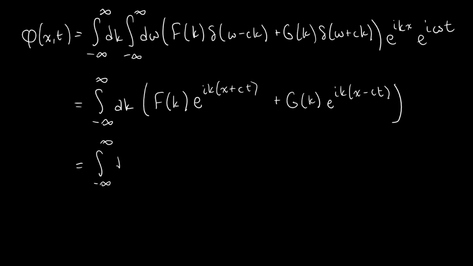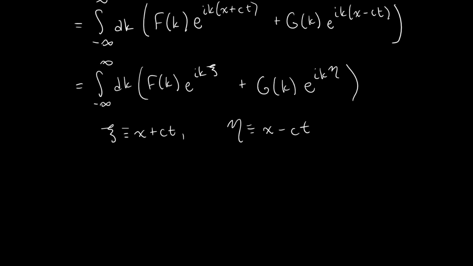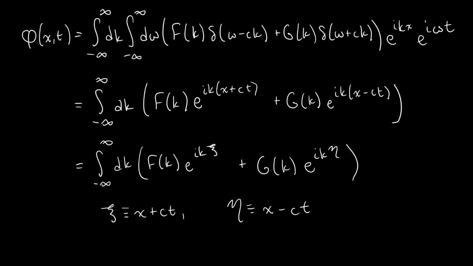I'll write this as f of k e to the i k psi plus g of k e to the i k eta, where I just defined psi is x plus ct and eta equals x minus ct. Okay?